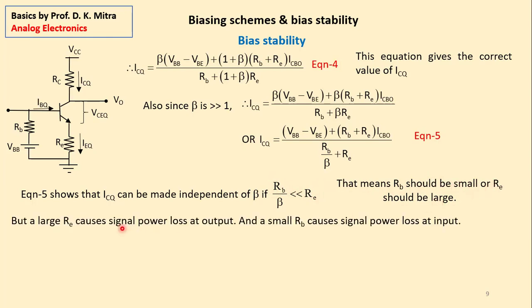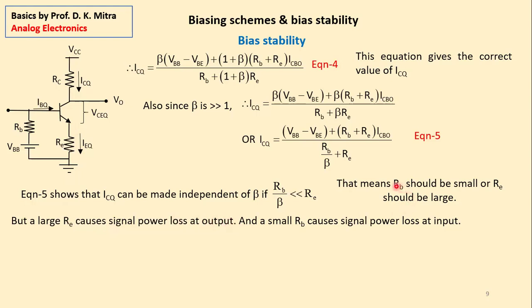But if RE is larger, then there is some output power loss in the RE, because we are taking output power from here. The output power that is consumed here is lost. Large RE causes a signal power loss at the output.